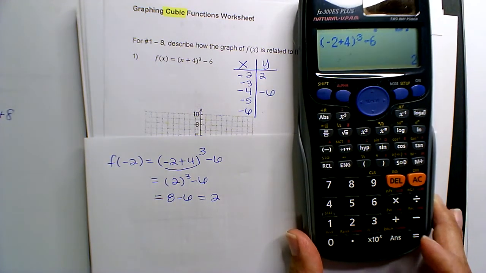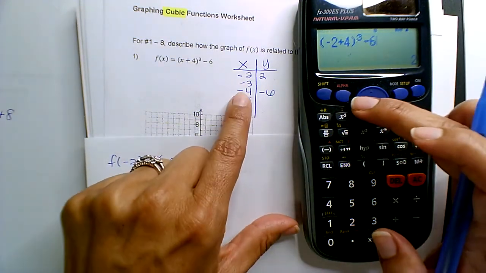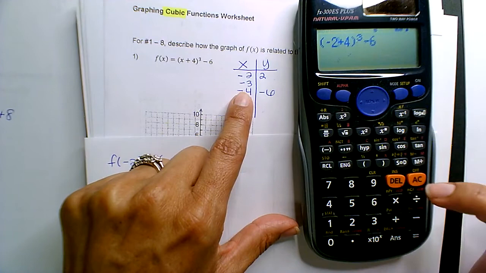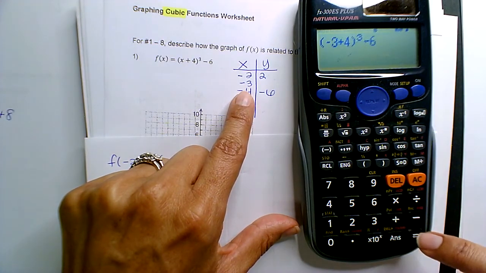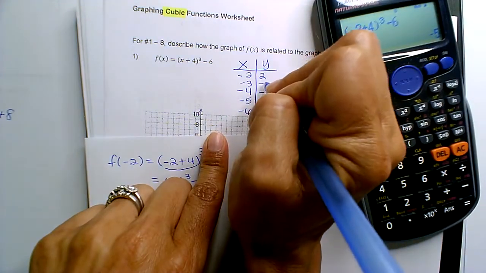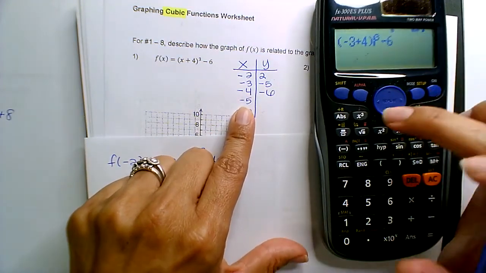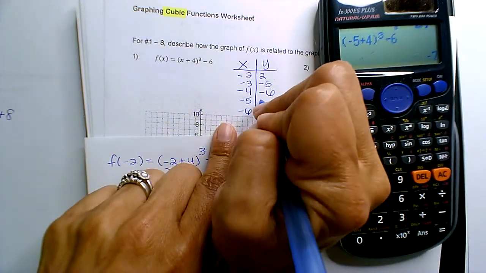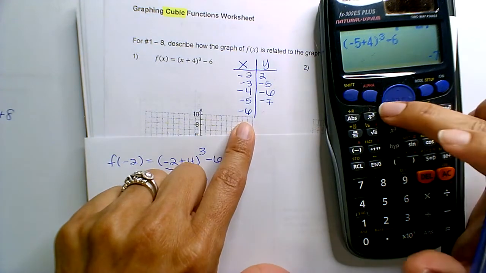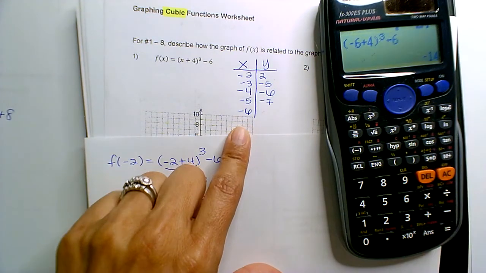If you want to keep going, you're welcome to do it by hand. But remember, on a test or a quiz, you want efficiency of time, right? You want to use it efficiently. So 3, I get -5. Then -7. Then -14.